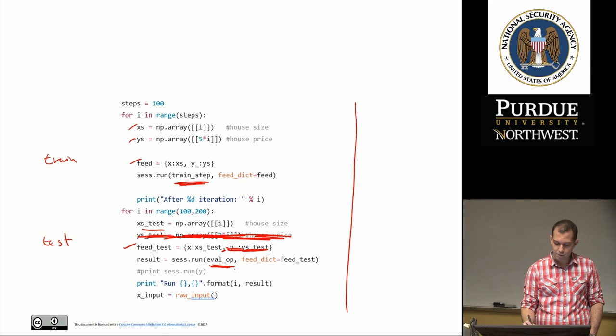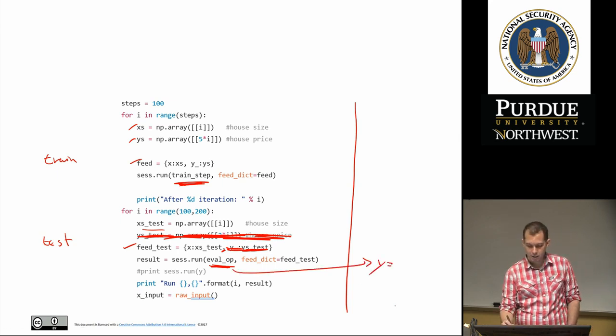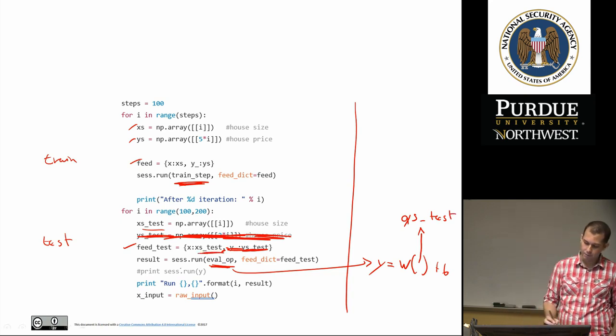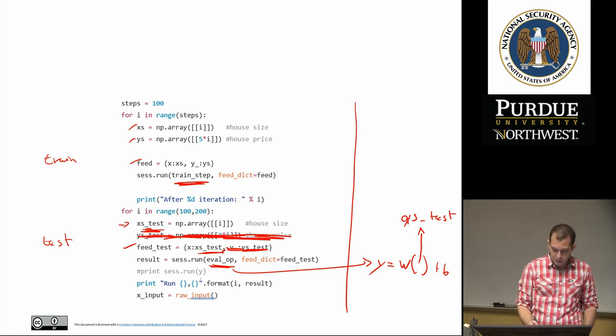Remember, eval up just calls y from the graph, so that's equivalent to saying I learned this w, I learned this b. And by the way, this is going to be XS test, which is my new test data over there. Once we run eval up here, this equation is evaluated again with the new test set.